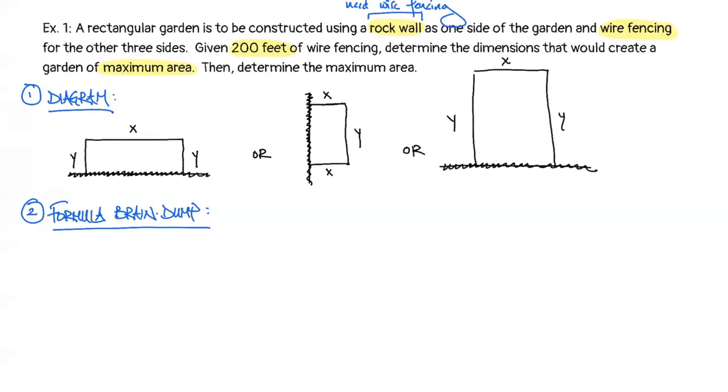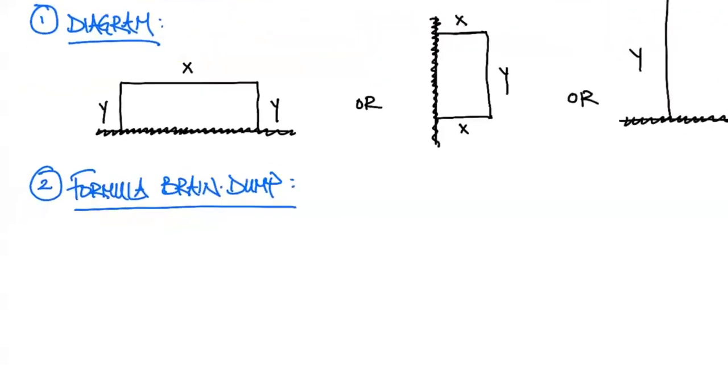Again, it's okay to have formulas that we don't end up using. That's okay. Part of the process. All right, I see something for perimeter. I see area. So let's start to write those down.